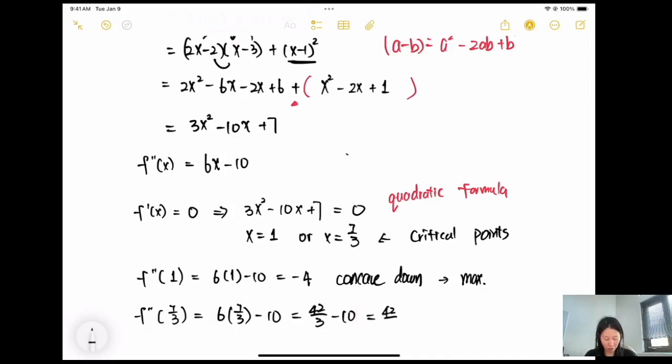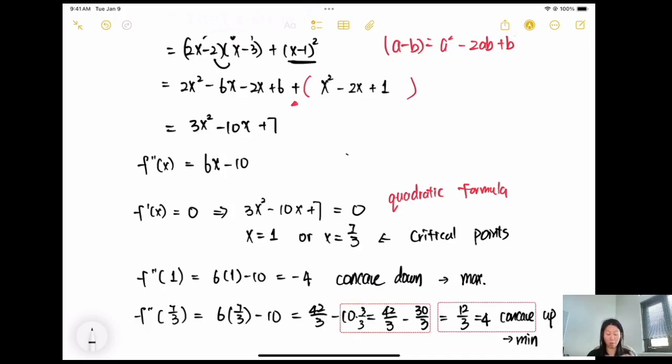I have 42 over 3 minus 30 over 3, because the common denominator will be 3, so I need to multiply 3 over 3 to 10 so that I get 30 over 3. So totally I have 12 over 3, which is equal to 4, which is greater than 0. That means this is going to be concave up. If it's concave up, that means this is going to be our minimum.